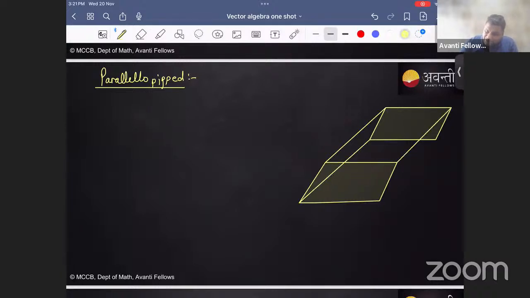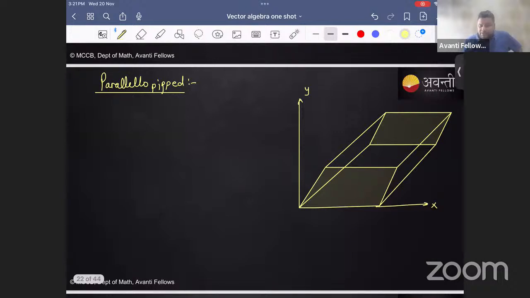If you can imagine this figure in 3D, this is what we call parallelepiped. Got it? Now let us assume here it is x-axis. Here it is, say, y-axis. Got it? And somewhere there will be z-axis. This is how it is. I hope you can imagine how tilted it is.